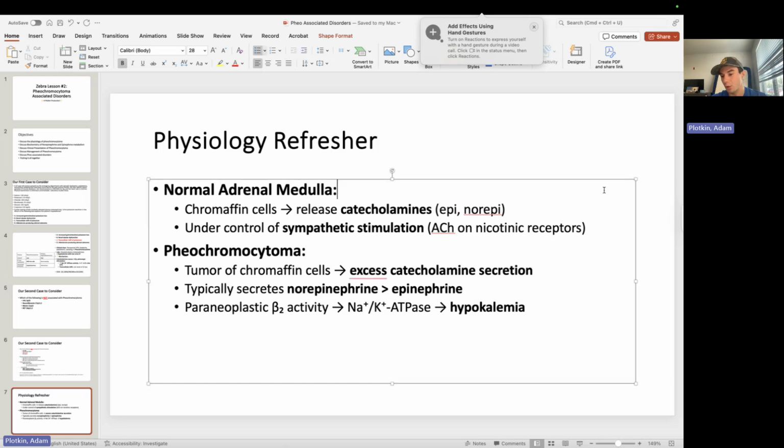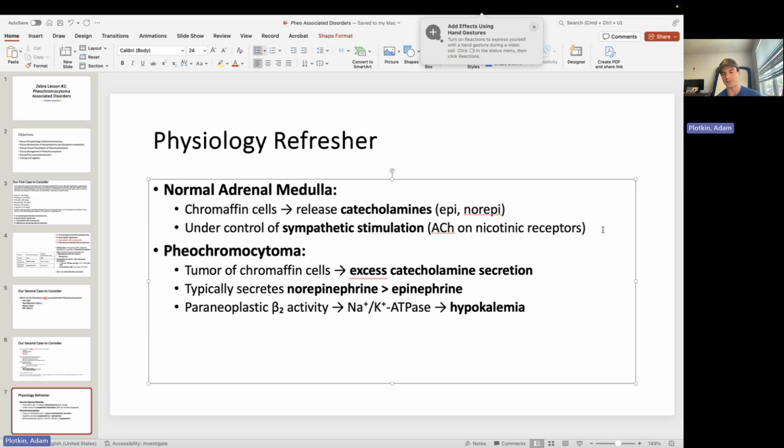This is where things get a little bit weird, because normally acetylcholine is the king of my parasympathetic nervous system. Really, here it gets tricky with the adrenal gland. Acetylcholine actually binds to nicotinic receptors, which will stimulate the sympathetic nervous system in terms of the adrenal medulla. It is one of the rare exceptions. The sweat glands are the other one where it's technically sympathetic, but acetylcholine runs the show.